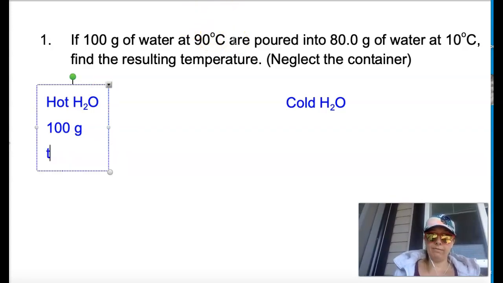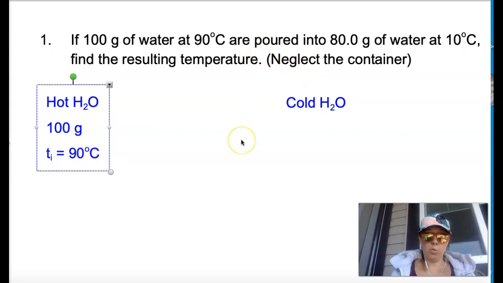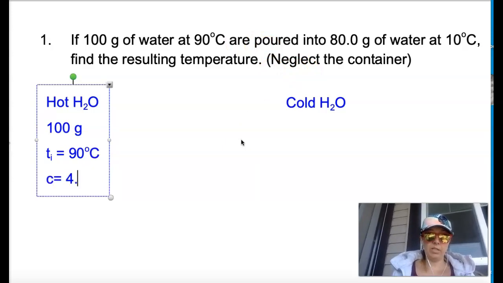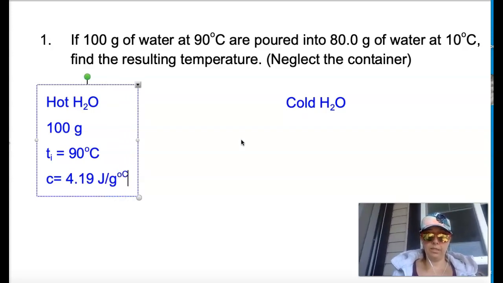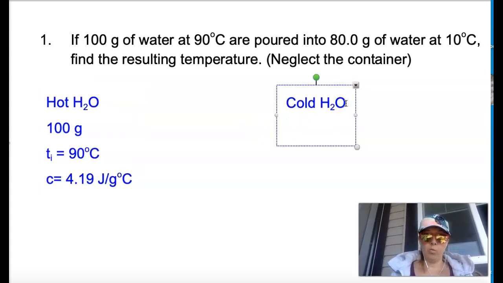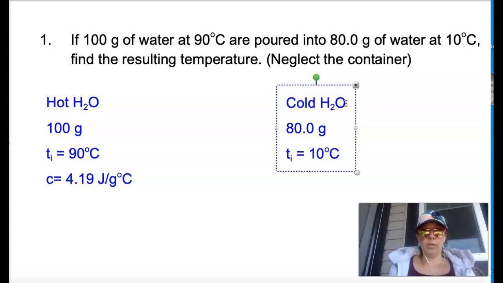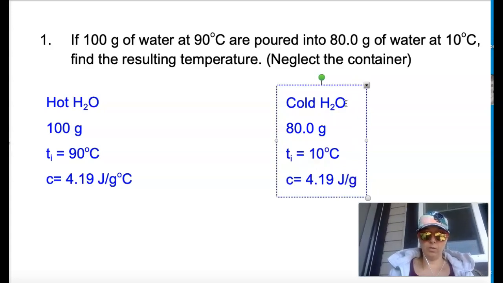So what I actually have is Ti of 90 degrees C. It's water, so I know the specific heat capacity is 4.19 joules per gram degrees C. Going over to the cold water, we had 80.0 grams, and the initial temperature for this was 10 degrees C. And the specific heat is also 4.19 because it's still water.